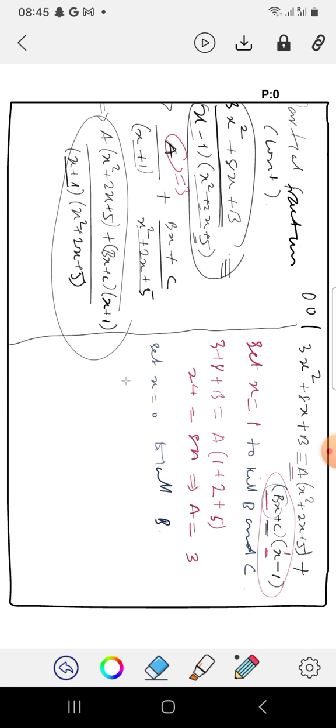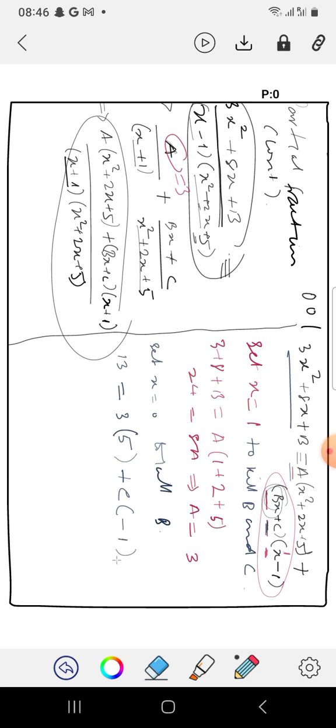So if we are setting x to be 0, everything on this side becomes just 13 equals 13. A is 3 into what will be here, 5, because that's the only thing that will survive when x is 0, plus this guy is dead, this guy is c times minus 1.